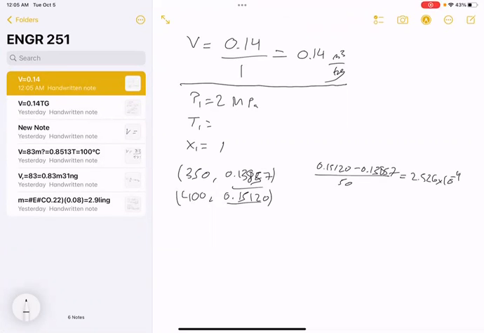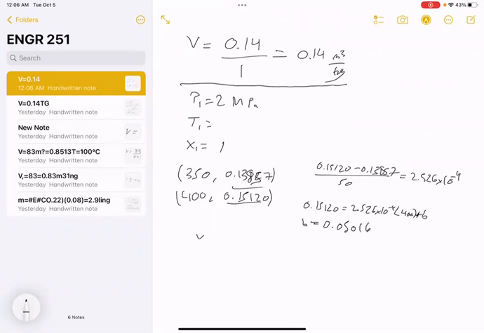That's our slope. We need to find our value of b, of course, so let's choose a point to substitute in. Let's take the second point. So y, 0.15120, equals our slope times x, which in this case is 400, plus b. So b equals 0.05016.